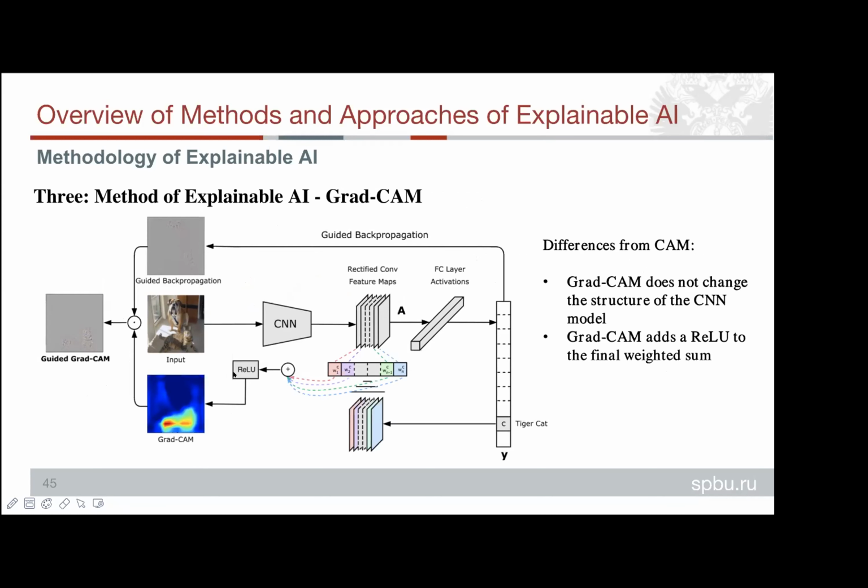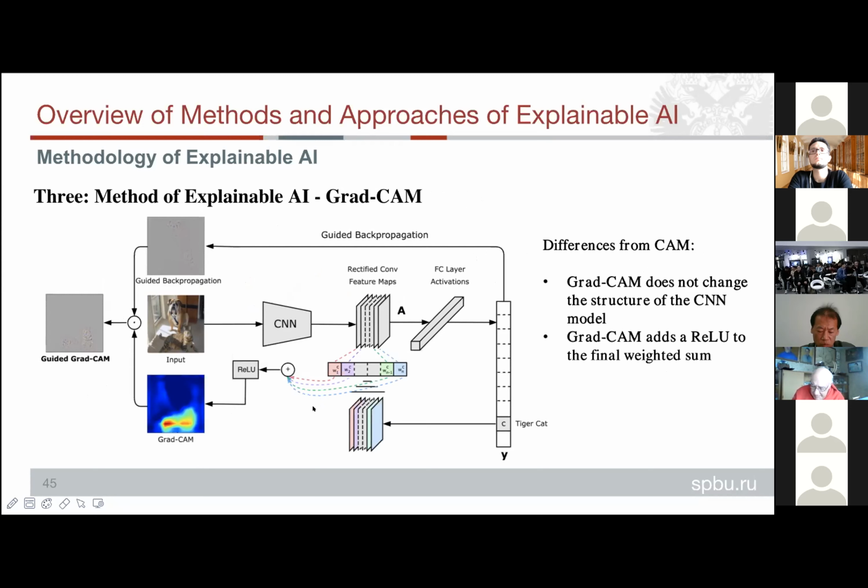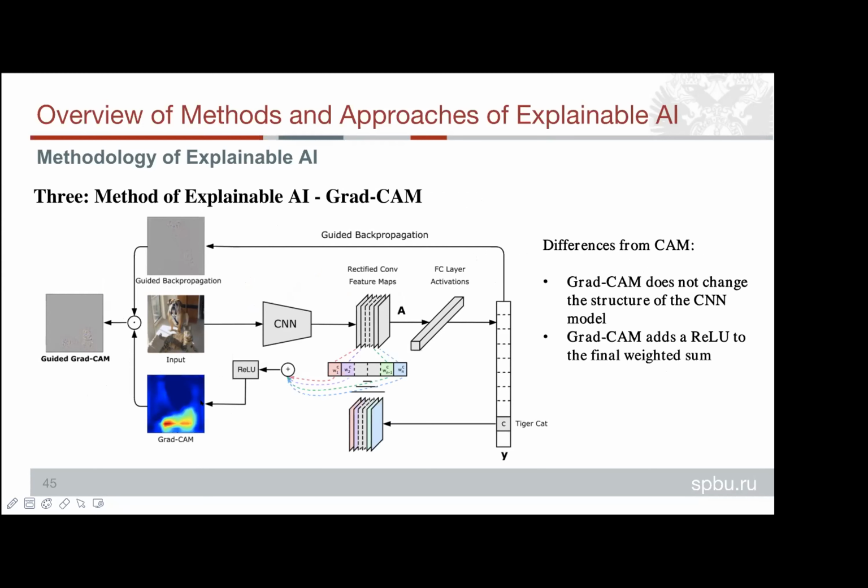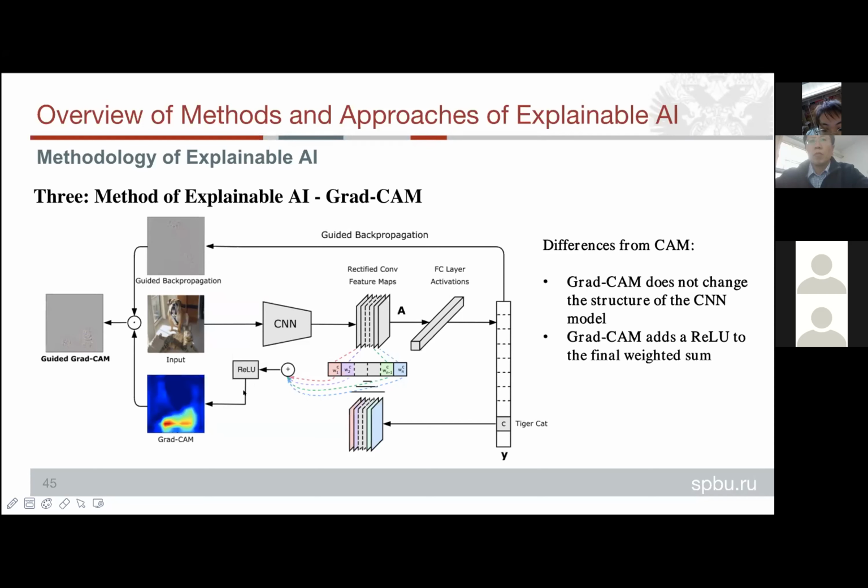The basic idea of Grad-CAM is the same as CAM. The overall structure is shown in this picture, and they have two differences from CAM. One is the structure is not changed, and two is they have a ReLU function.